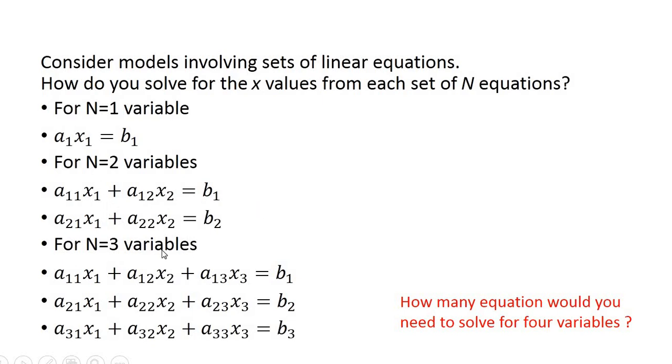And for three variables, for example x1, x2, x3, you will need three equations. This is what we call simultaneous equations. So go back and revise how we used to solve simultaneous equations, and also try to look for examples and solve these types of equations. Probably I'll suggest you use the method of substitution.